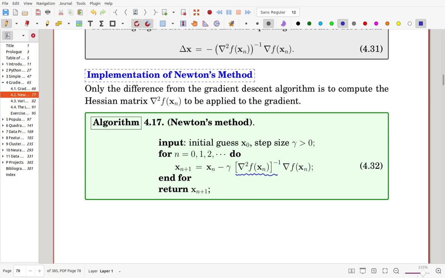Otherwise, this one is the same as the gradient method. Now that one may be expensive. Getting the Hessian is expensive, and finding its inverse is also expensive. But this is the formulation of Newton's method.